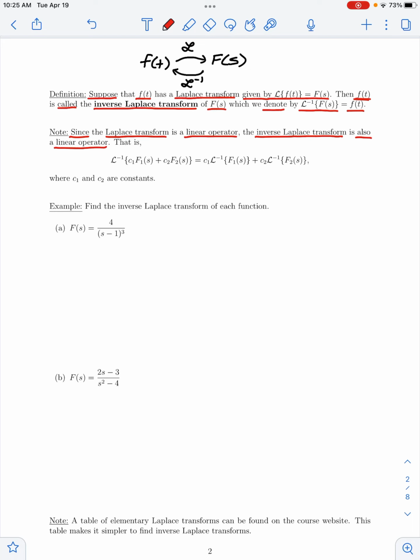So that is, to find the inverse transform of a linear combination of two functions, say c1 f1 plus c2 f2, we could take a linear combination of the inverse transforms of f1 and f2. So in other words, to find an inverse transform of some linear combination of functions, I can take the inverse transform term by term.